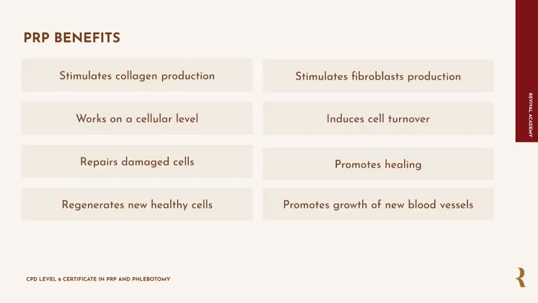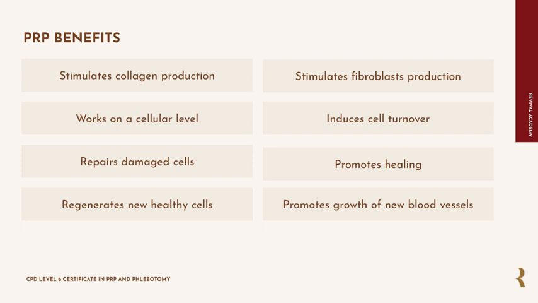Now, as we mentioned, the benefits of PRP, and we also mentioned the growth factors and what they do. And as we already discussed, it can target the skin from the dermal layer to the epidermal layer, and you can even see here it stimulates the collagen production, and it also stimulates the fibroblasts, which is amazing because the more fibroblasts you have naturally, the more collagen and elastin you will produce over time. It also works on a cellular level.